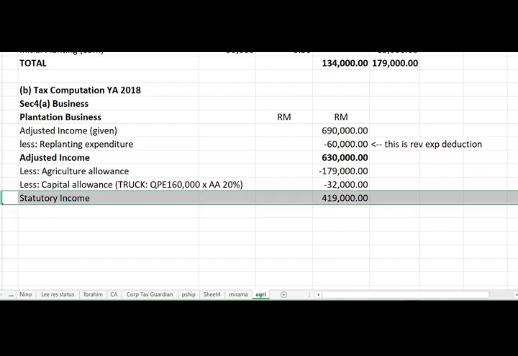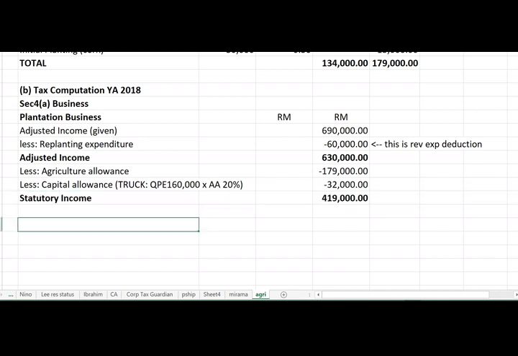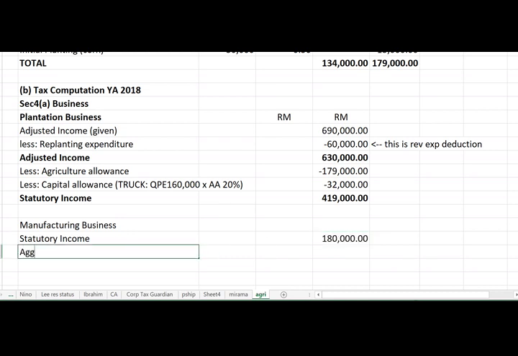So the statutory income will be 419. Okay, then you have another manufacturing business that the statutory income has been given as 180. So this is my aggregate business statutory income, 599.